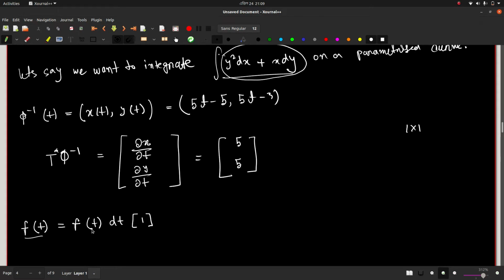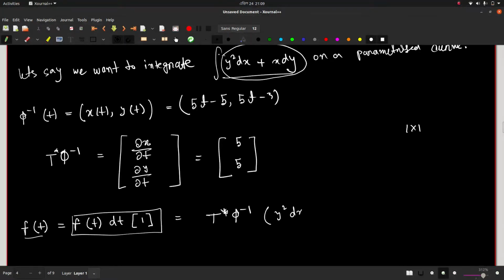But this dt of 1, or this quantity over here, can be written as t star phi inverse 1 of y squared dx plus x dy. That means the initial function that we were working with, times 1.